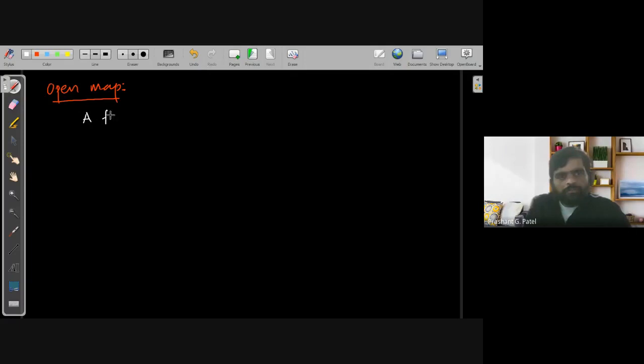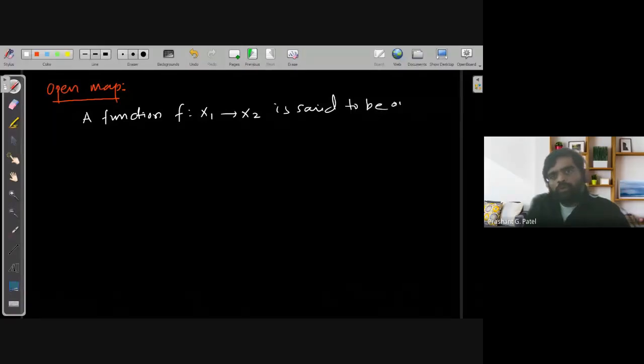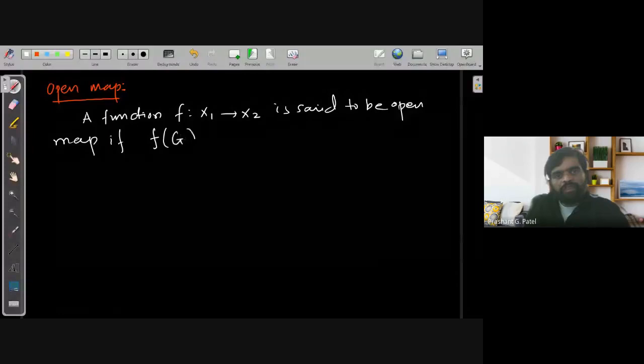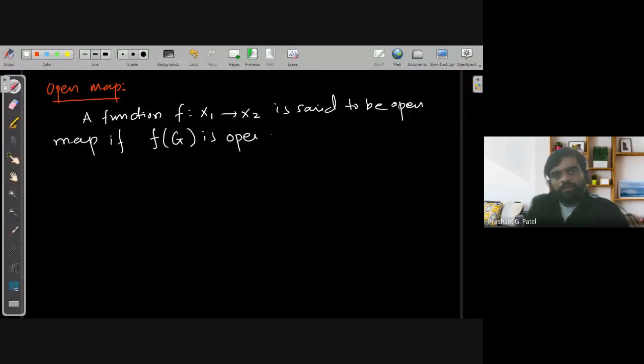A function f from X1 to X2 is said to be an open map if f of G is open in X2 for every G open in X1.